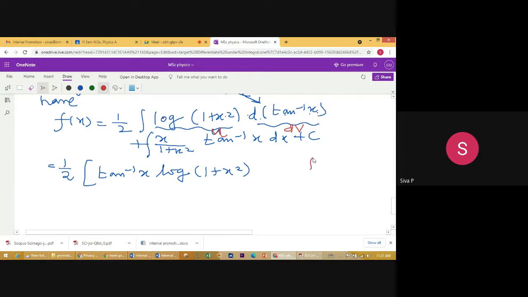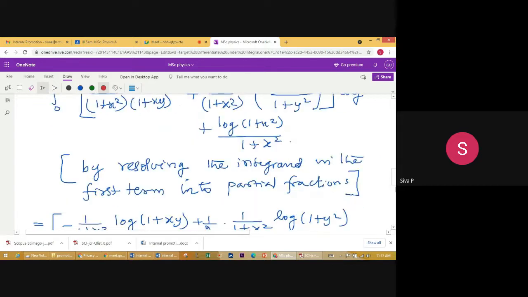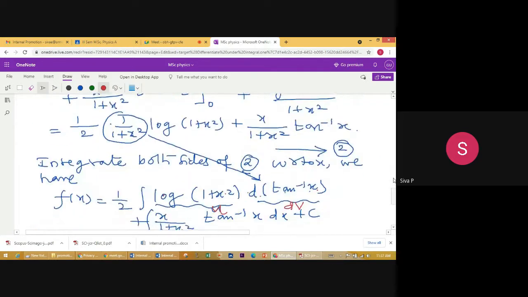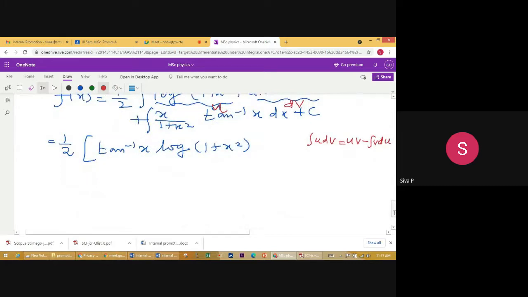What is integral of u dv? It equals uv minus integral of v du. Therefore, 1 by 2 tan inverse of x log 1 plus x square minus integral of v du.